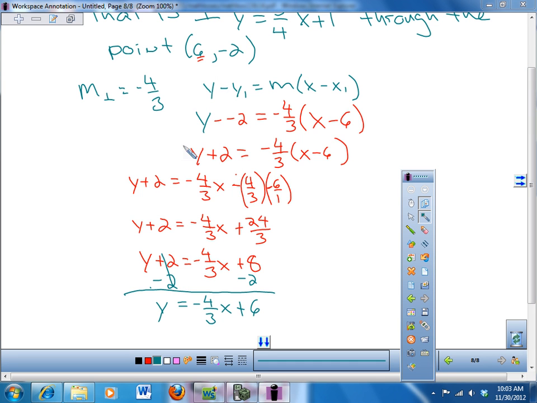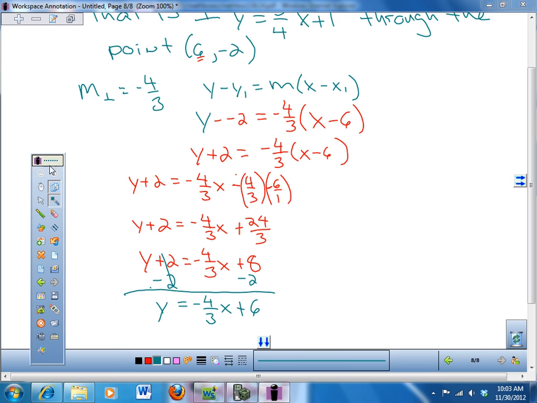Now another way to do the same thing is, instead of plugging into this formula, I can plug into y equals mx plus b. Remember that? That's slope-intercept form, which is the form that this is in, down here.